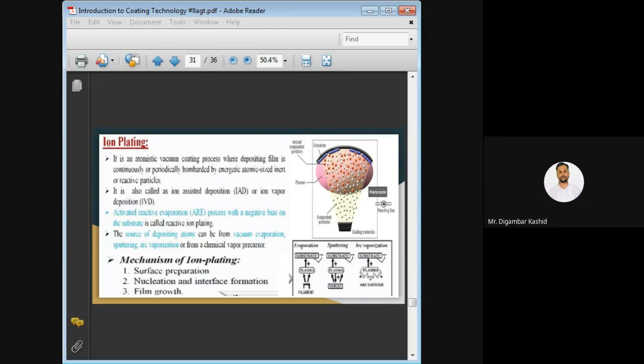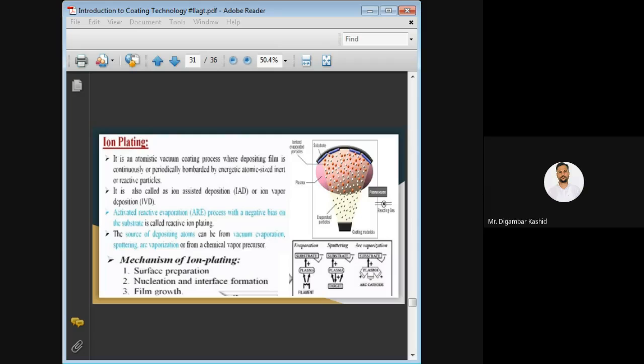So it is also called ion assisted deposition, IAD, or maybe ion vapor deposition, IVD. The activated reactive evaporation process with a negative bias on a substrate is called reactive ion plating.